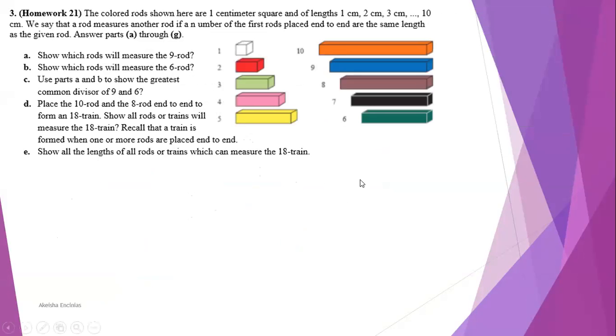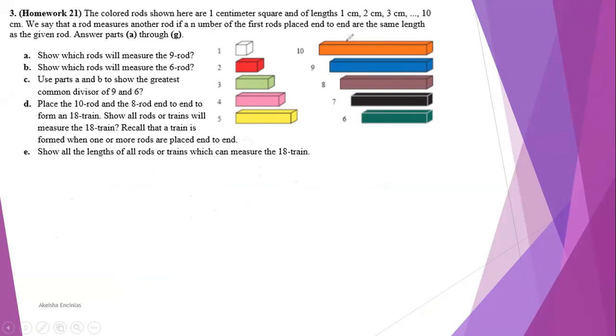Woohoo! All right, this one's hard, but you're going to have to stick with me for my very artistic drawings. So we have little rods here that are 1 centimeter square, but they have different lengths. So 1, 2, 3, 4, all the way up to 10.